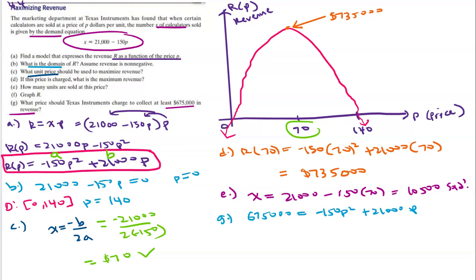So if I want 675,000, it's going to be right here, 675K. That's going to come across so that these 2 points here are what we got.